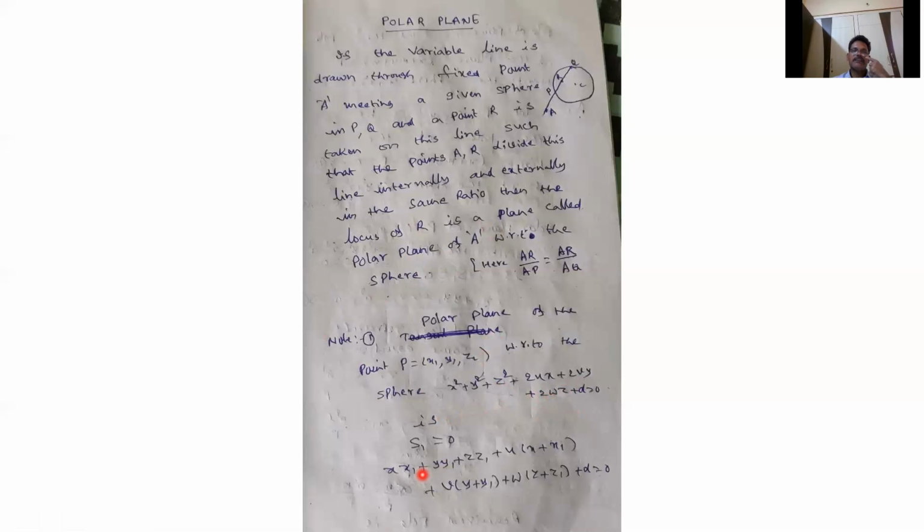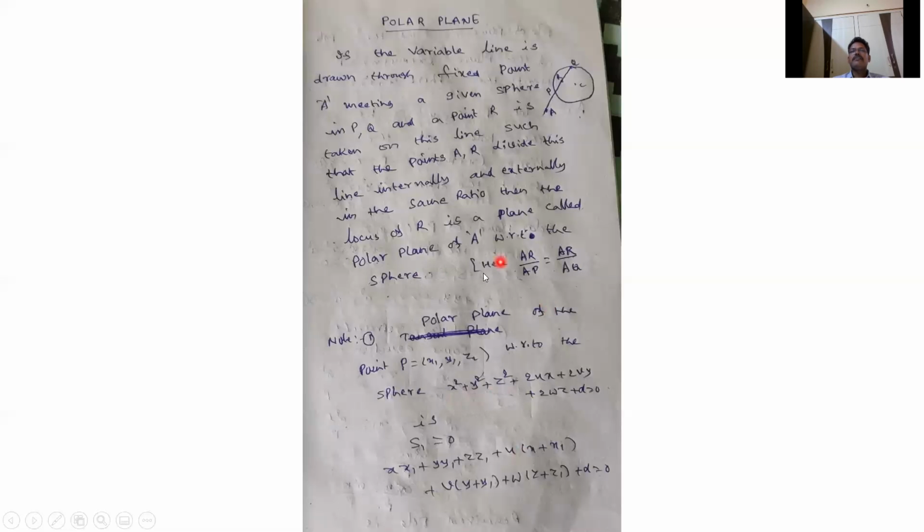That is, u into x plus x1, plus v into y plus y1, plus w into z plus z1, plus d equals 0. We can find it the same way as the tangent plane. The tangent plane at a point is S1 equals 0. Similarly, the polar plane of a point with respect to the sphere is also S1 equals 0.